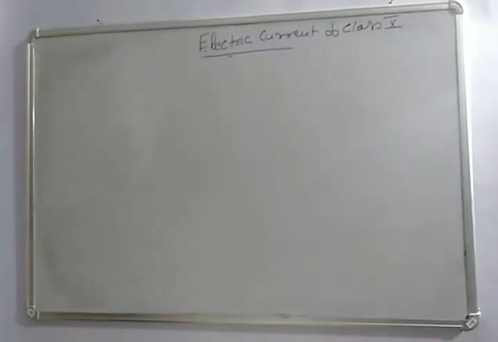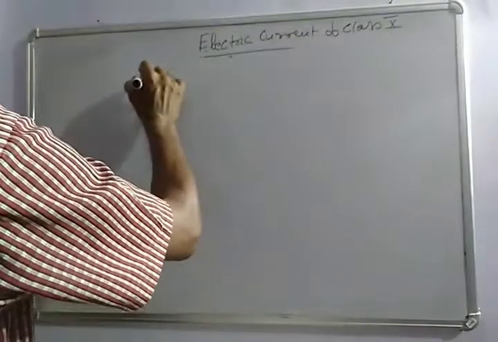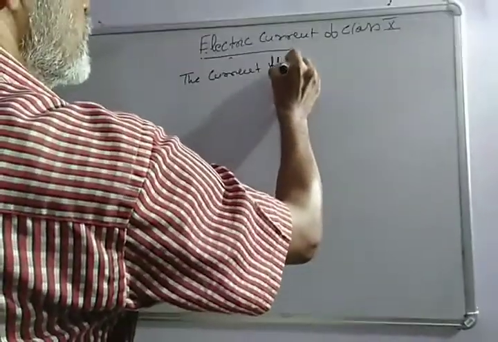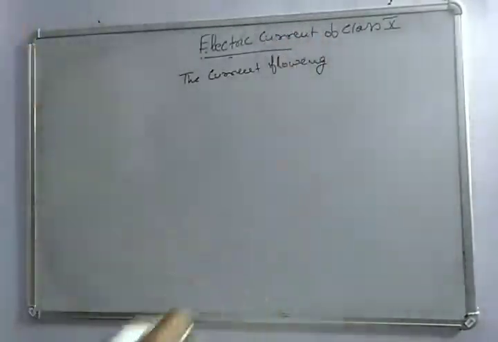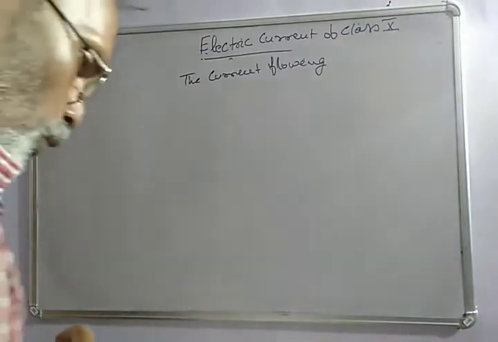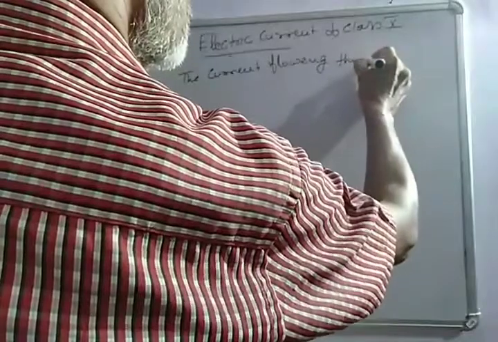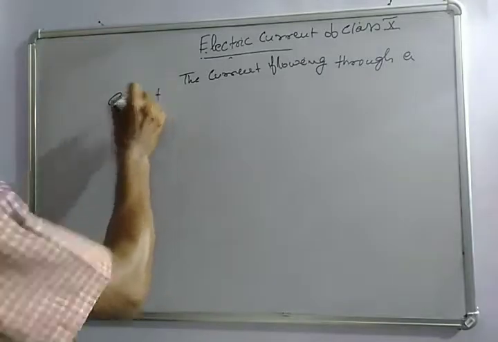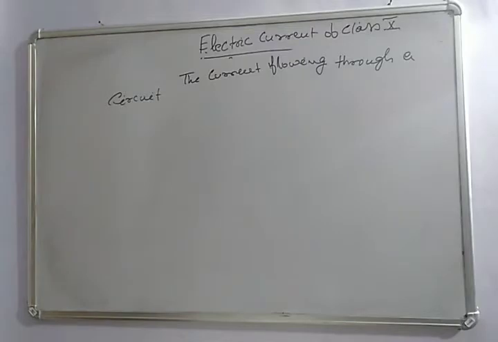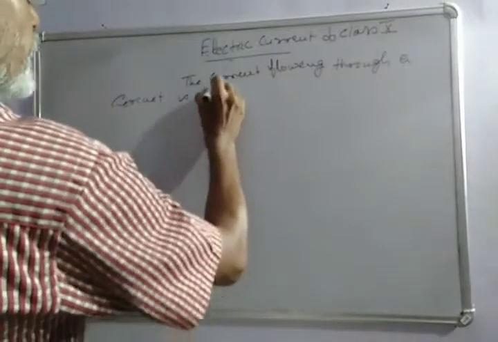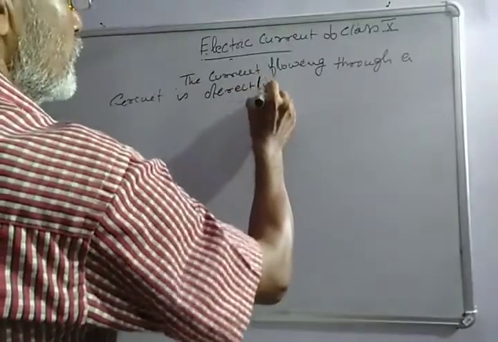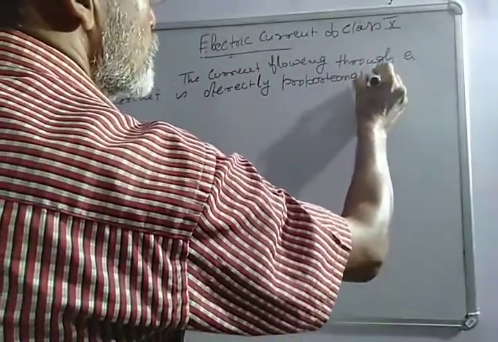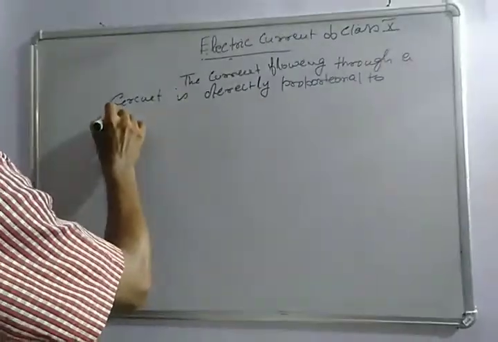According to Ohm's law, the current flowing through a circuit is directly proportional to the potential difference.